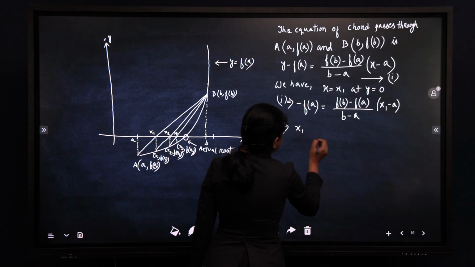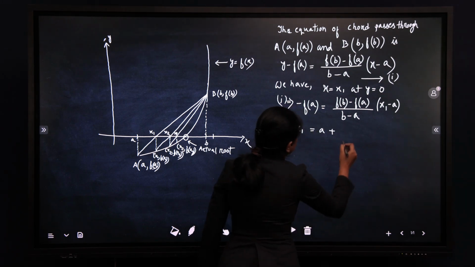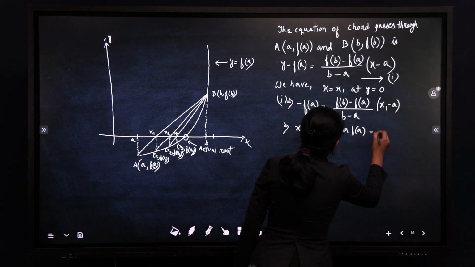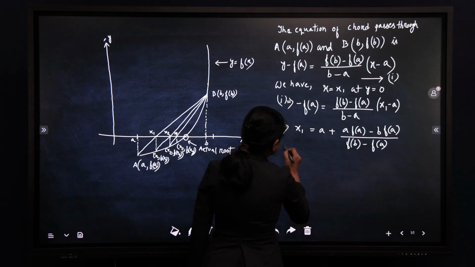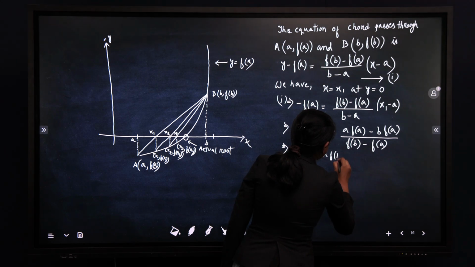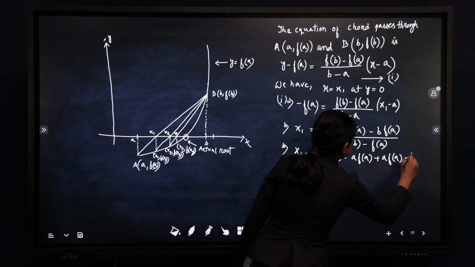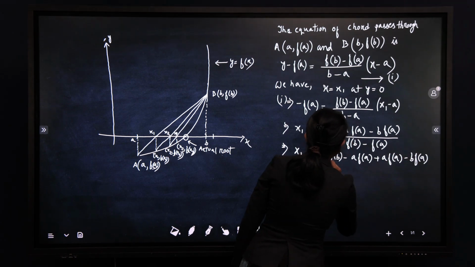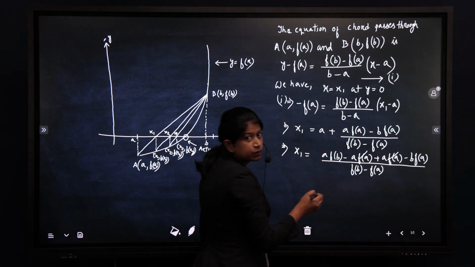So what you will get? x1 equal to A plus A f of A minus B f of A by f of B minus f of A. So you take the LCM, and you will get x1 equal to A f of B minus A f of A plus A f of A minus B f of A by f of B minus f of A. This A f of A will be cancelled out.